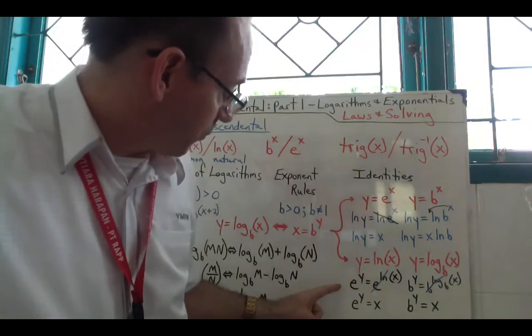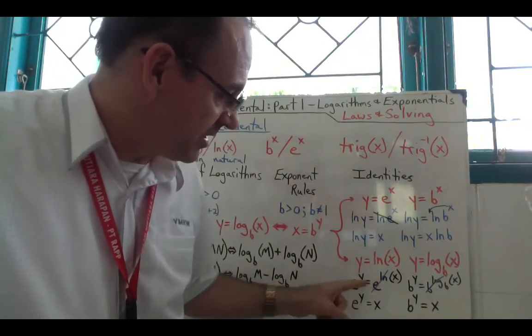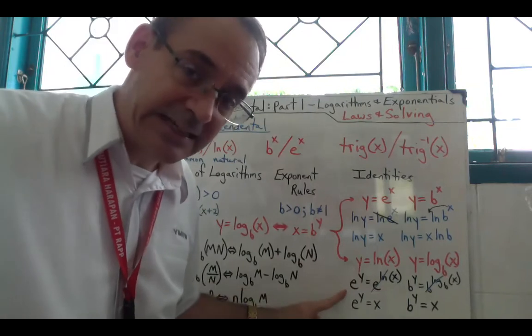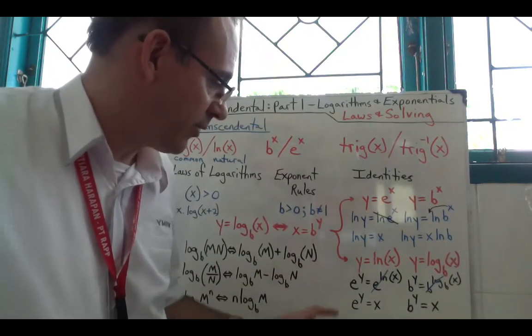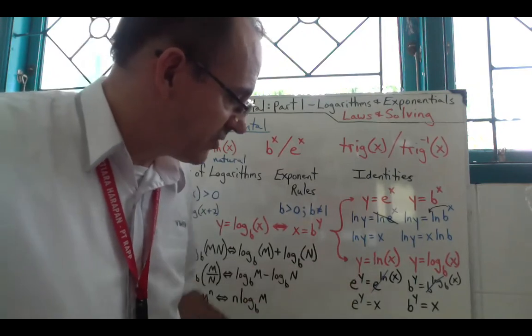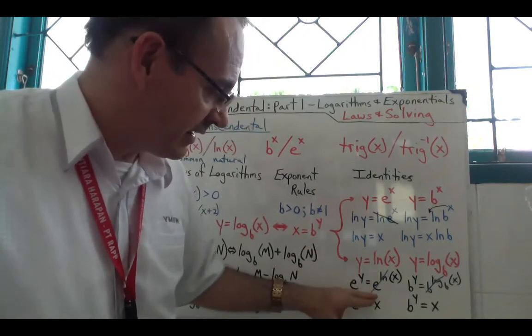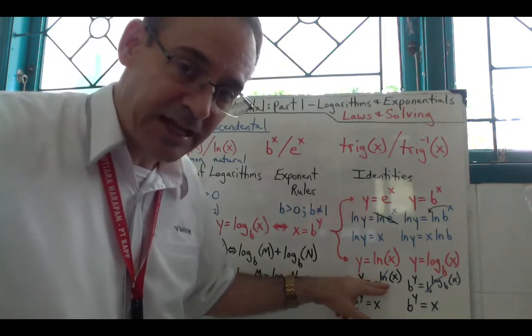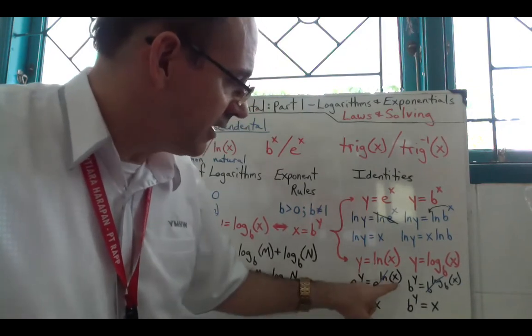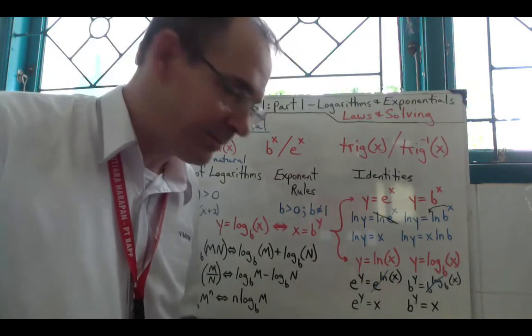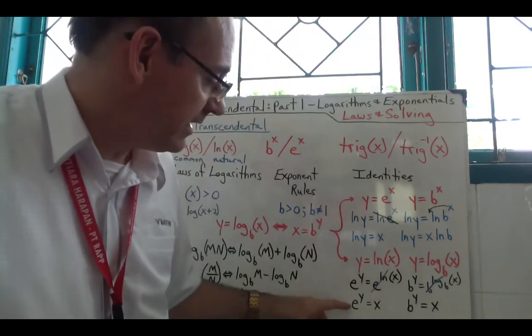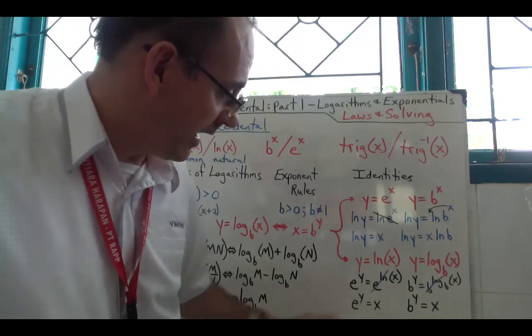So for this one, I exponentiated both sides to base e. So you have e raised to the y power equals e raised to the ln x. Notice the e and the ln have the same base, so they cancel, and the argument drops down to your normal script line. So you have e to the y equals x.